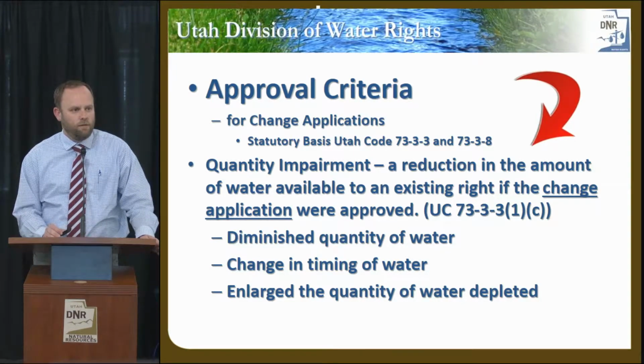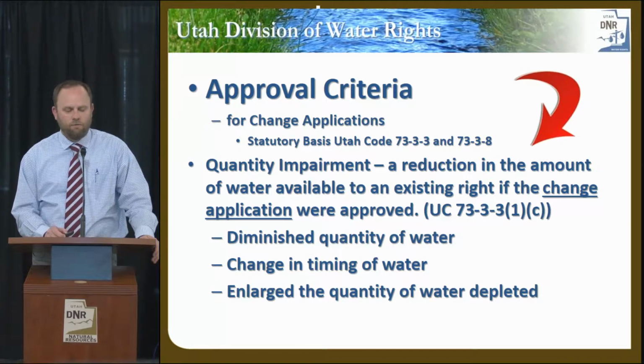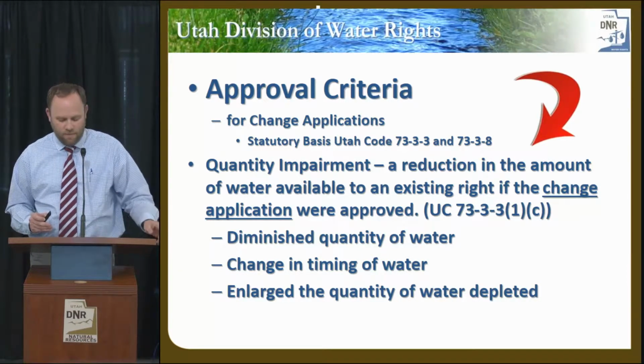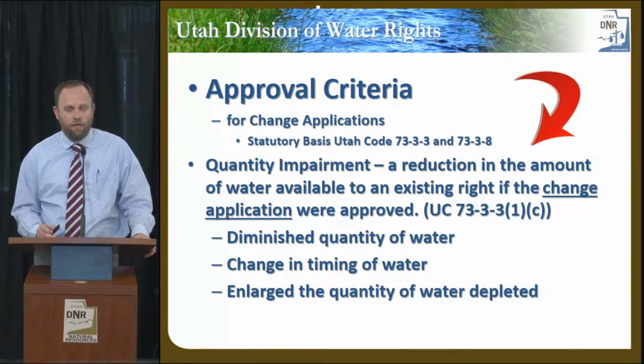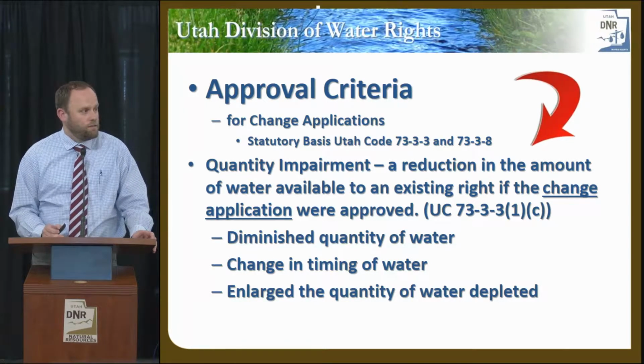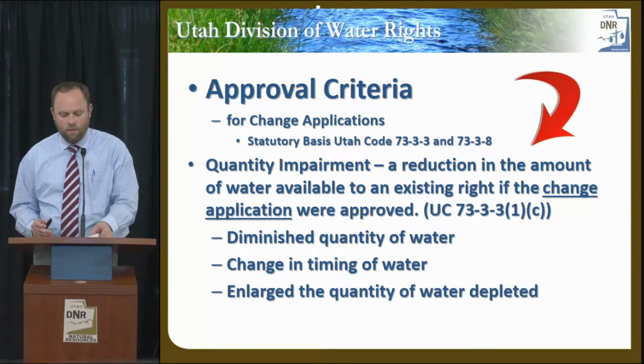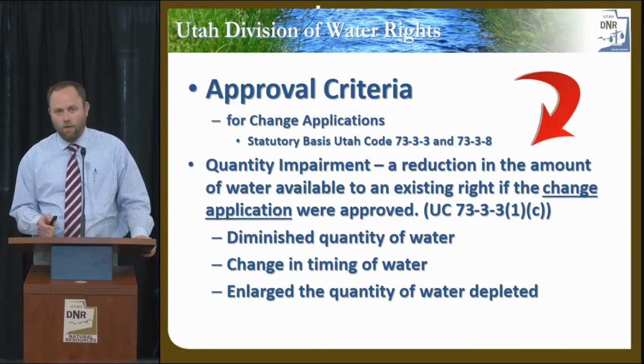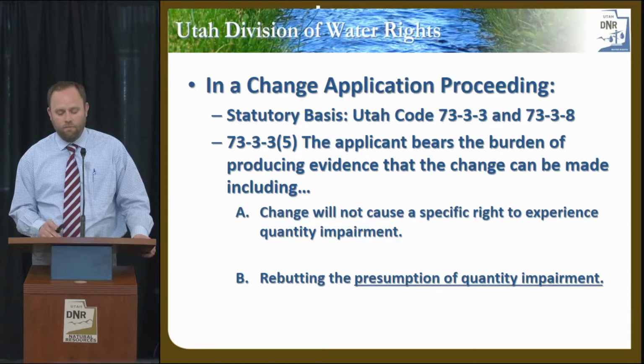We haven't said anything about non-use, okay? We're gonna develop this a little further on the next slide, but in short, what does this say? This basically says that in a change application, you can't do something that's gonna detrimentally harm someone else that was already there, another water right, okay? Now let's develop it. Next slide.